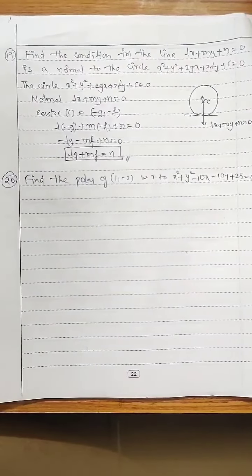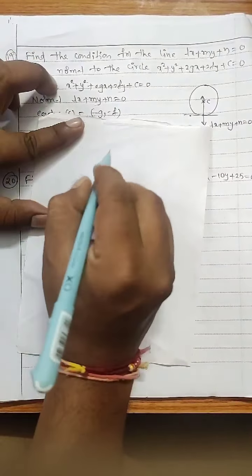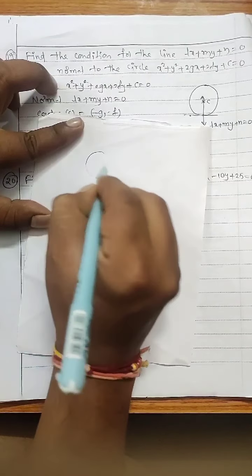Next question is: find the polar of 1 comma minus 2 with respect to the circle x square plus y square minus 10x minus 10y plus 25 is equal to 0. First of all, you should understand what the polar is. I am taking one circle.